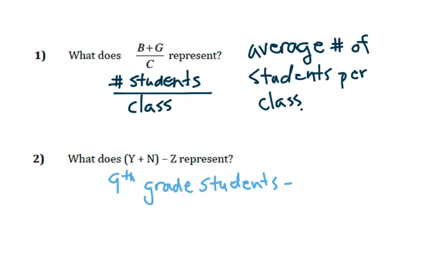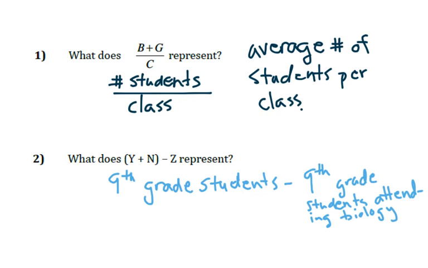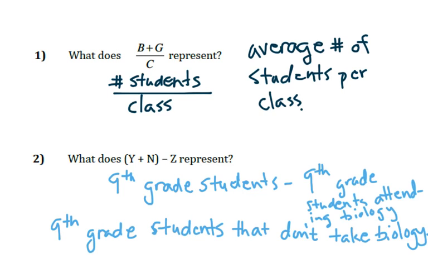And what are we subtracting? We're subtracting the 9th graders who attend biology. So when we take all the 9th grade students and subtract those attending biology, we still have 9th grade students that are not attending biology. So here is what this represents: 9th grade students that do not attend biology.